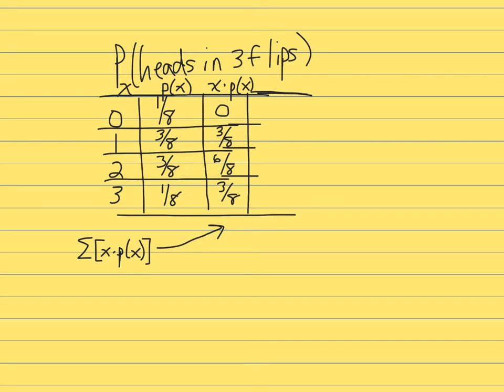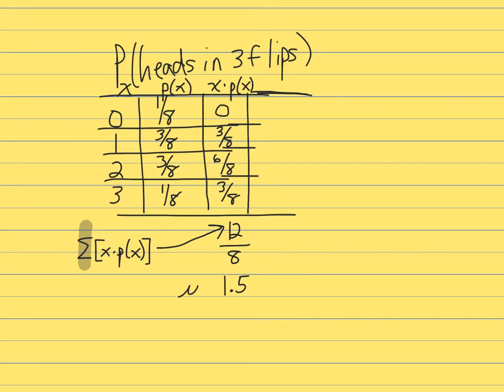That means that we're going to do x times p of x first, and then we will sum those numbers, and that's what your capital sigma signifies here. Okay, let's go ahead and sum these. Some of you may have done this already. 3, 6, 12, 12/8, and 12/8 is 1.5.